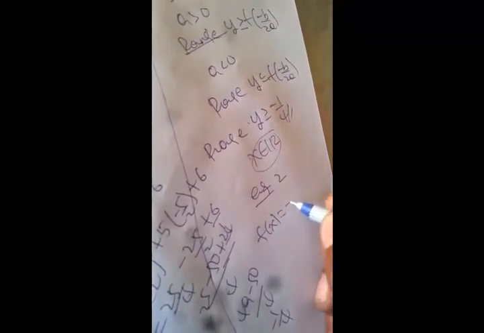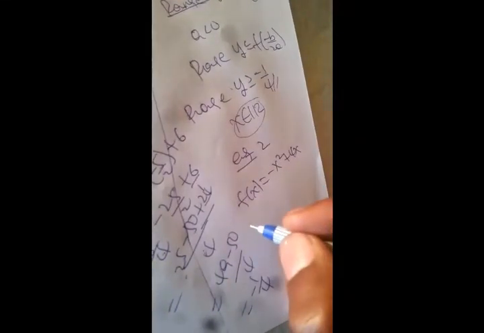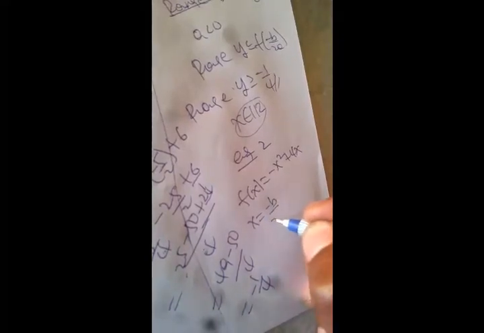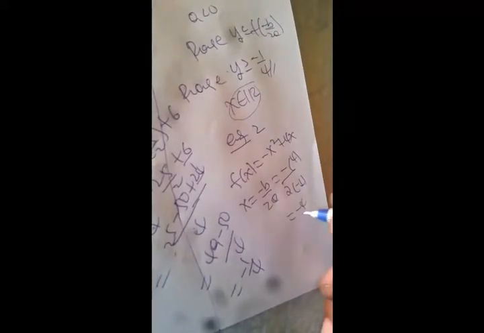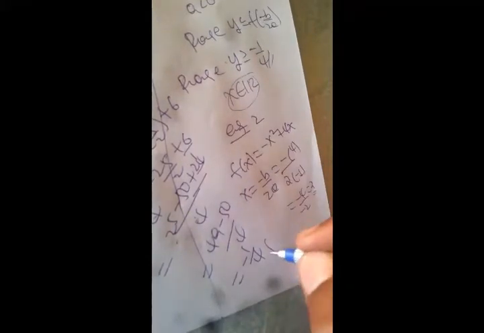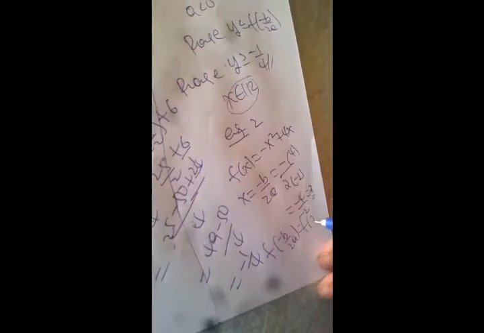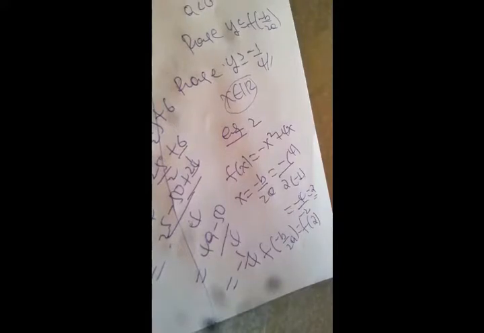f of x is equal to minus x squared plus 4x. Therefore, to find the vertex, x is equal to minus b over 2a. The value of b is 4, so negative 4 over 2 times the value of a, which is minus 1. Therefore, minus 4 over minus 2. This is equal to 2. Therefore, f of minus b over 2a is equal to f of 2.